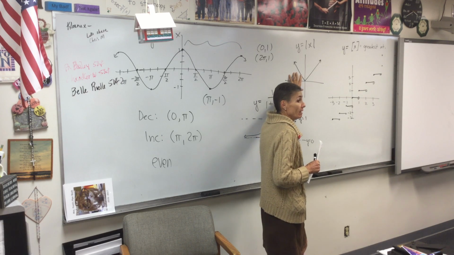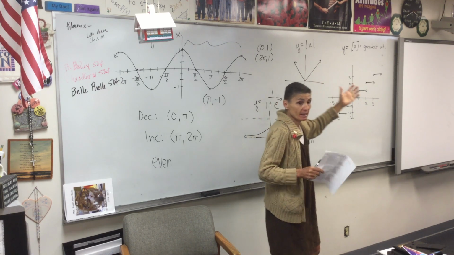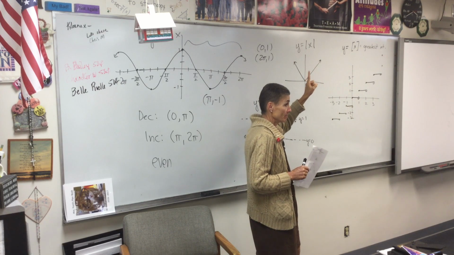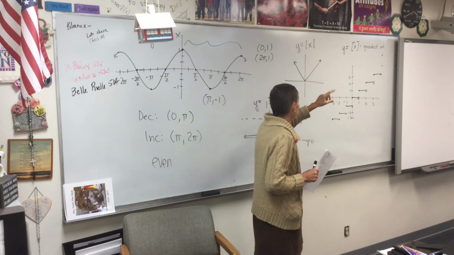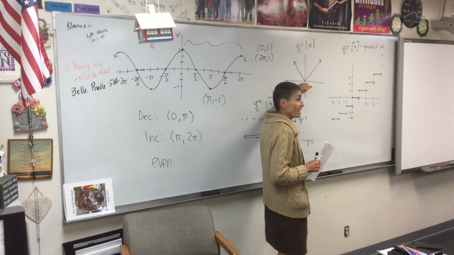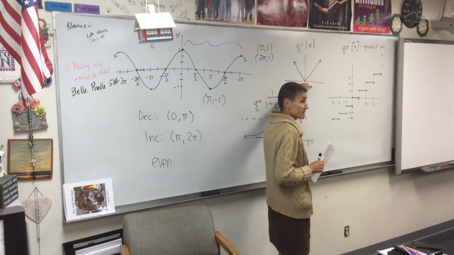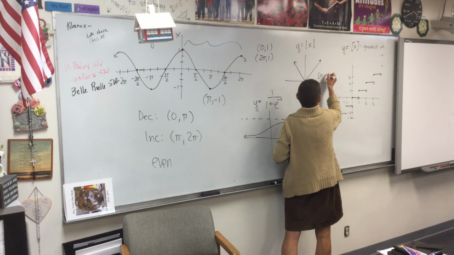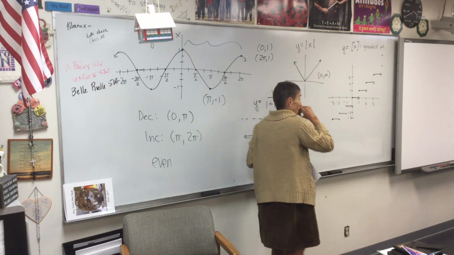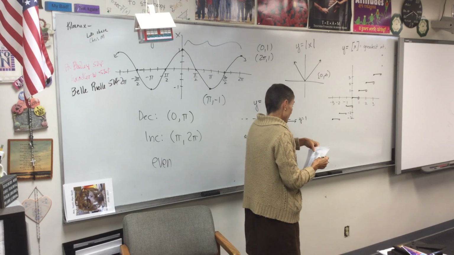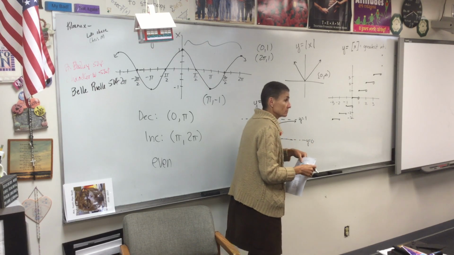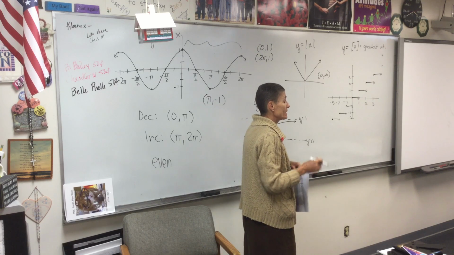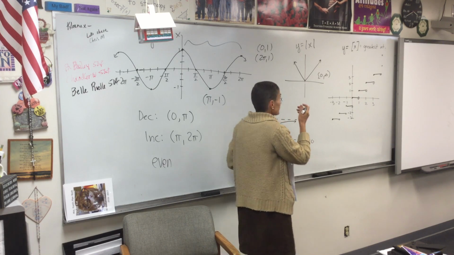In terms of everything, same domain, all real numbers. Range, y greater than or equal to 0. So the range is 0 to infinity. What about continuity? Continuous. What about increasing or decreasing?